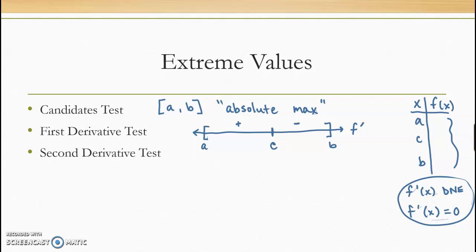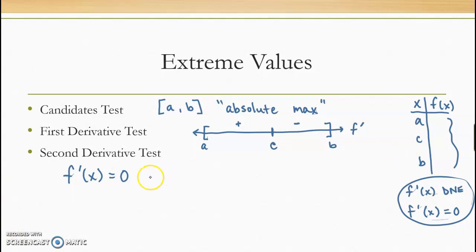The second derivative test is also for finding extreme values. This is different from the definition of concavity and critical and inflection point. Second derivative test is for finding extreme values, so you still need to have your first derivative equal to 0. Second derivative test doesn't work if your first derivative doesn't exist. So your second derivative test means that f prime is equal to 0.